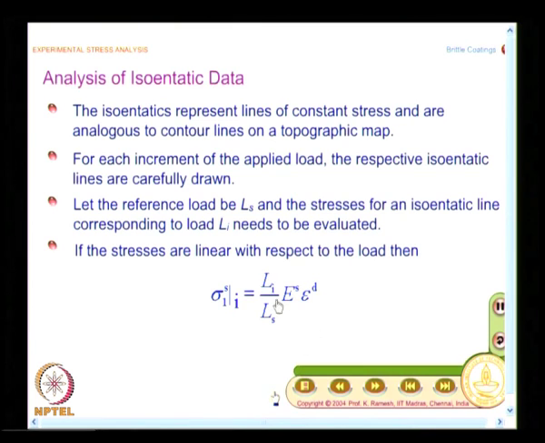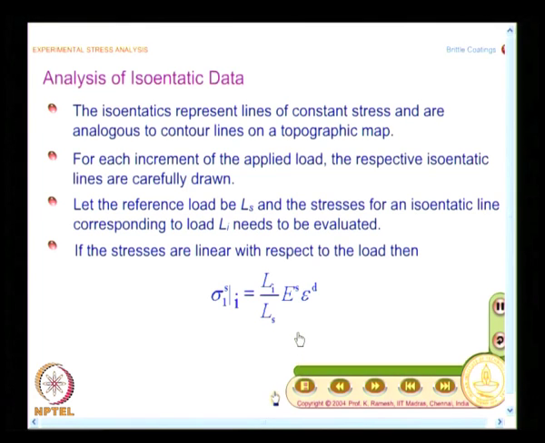For the reference load, I have the failure strain epsilon d, and for the given load it becomes Li divided by Ls into Es into epsilon d. So, I get the value of the specimen stress at the isoentatic line given by this expression.